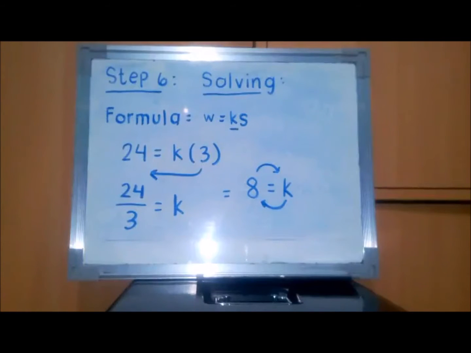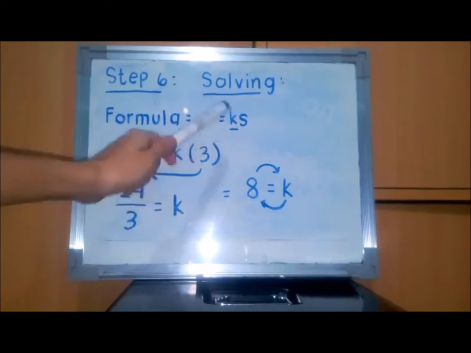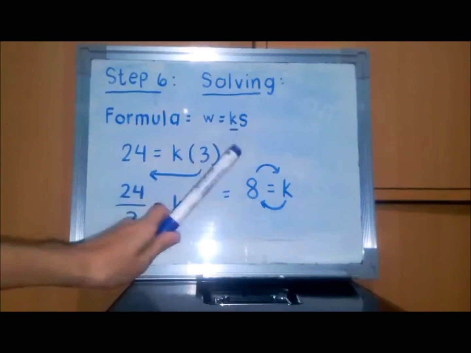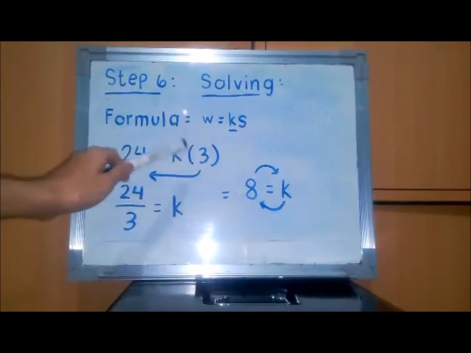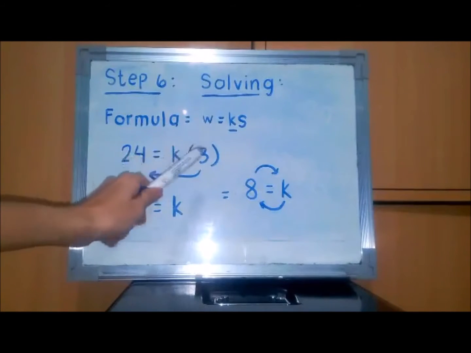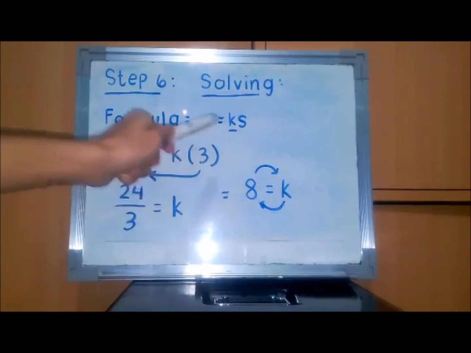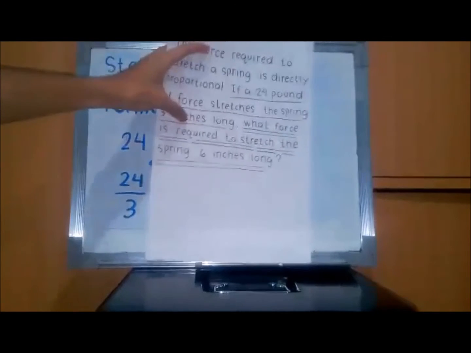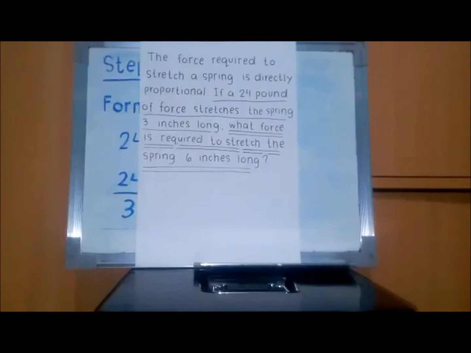Hello again, and this will be our last part 6, solving. Since we already have the formula, W is equivalent to K times S, or the proper way, W is directly proportional to S. So we substitute them based on the word problem.